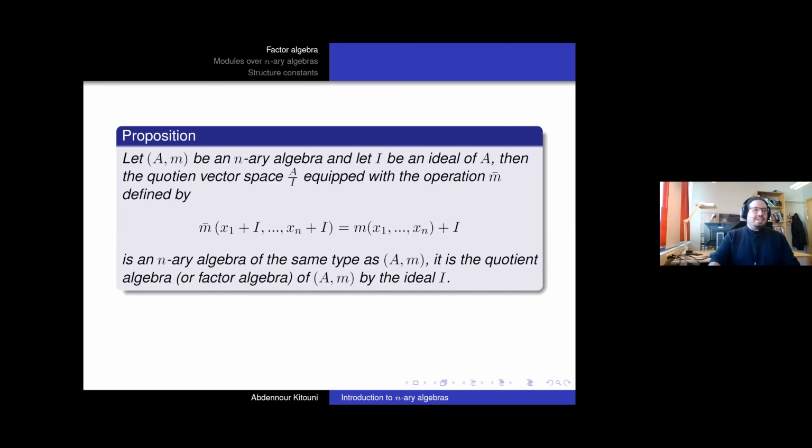So we take an n-ary algebra A and then an ideal I of A, and on the quotient vector space we define the operation that I will denote Mbar here.